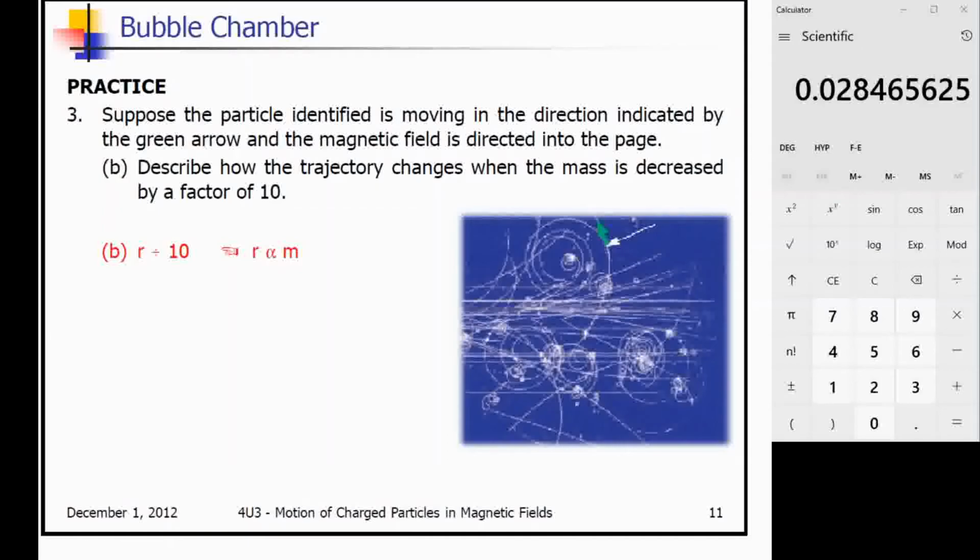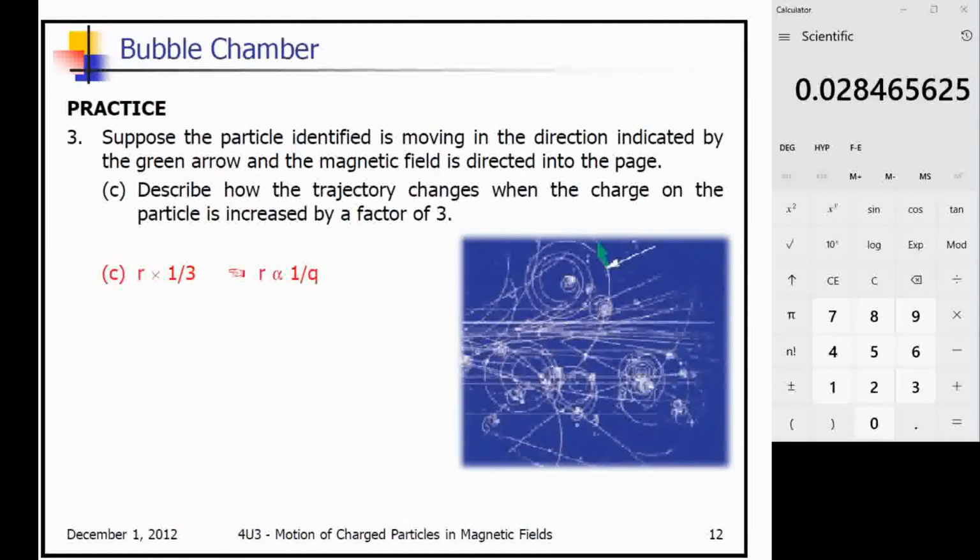So to describe how the trajectory changes when the mass is decreased by a factor of 10. Going back to our equation, you can kind of do this on your own. The mass spectrometer equation, if we decrease the mass by 10, we decrease the trajectory by 10 as well.